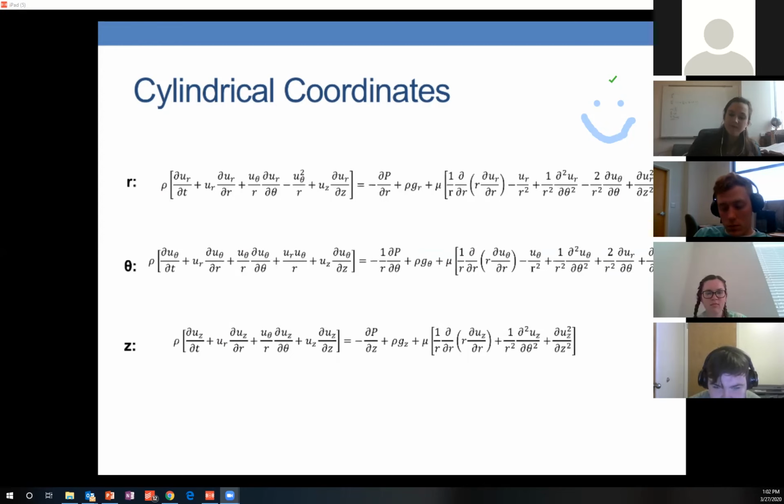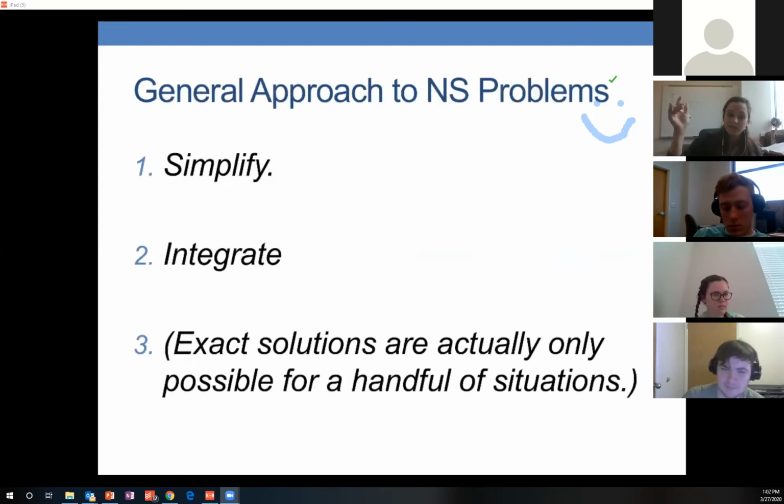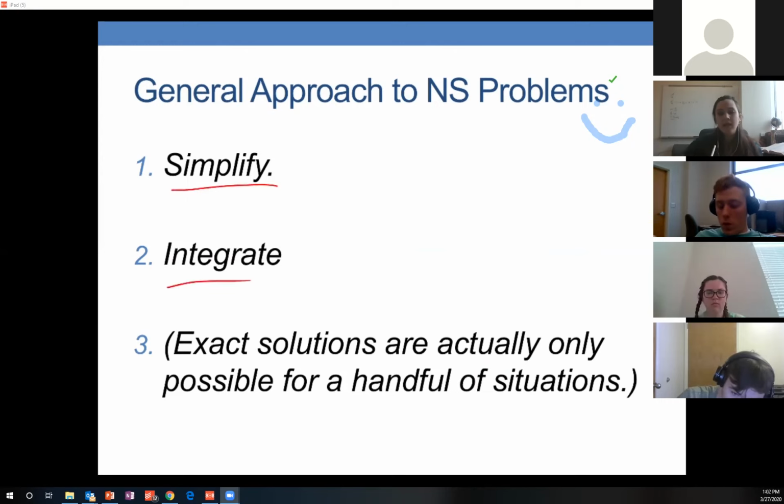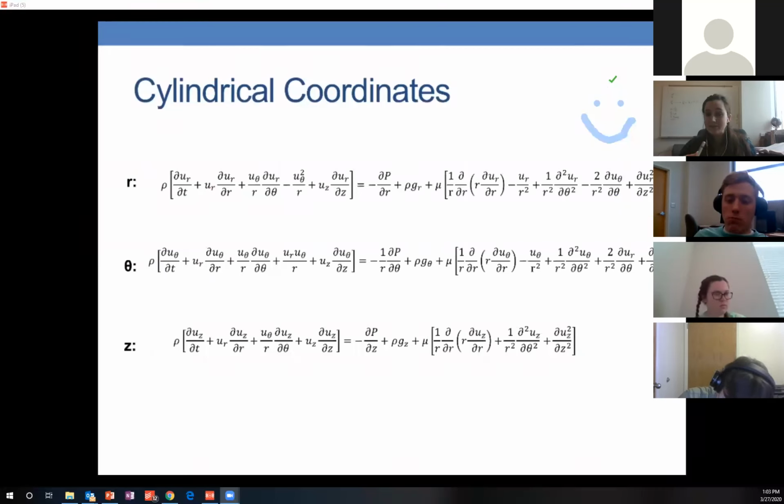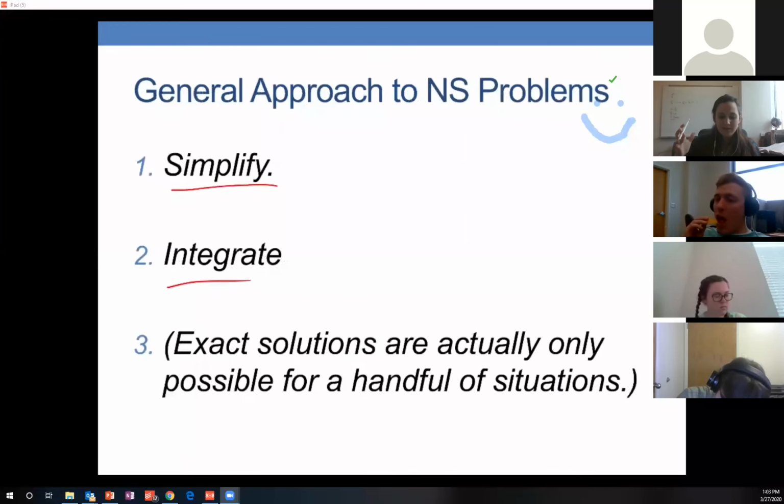And in both cases, the basic general approach is you write out your Navier-Stokes, you simplify it, and then you integrate. As it turns out, since this is a pretty complicated equation, exact solutions that we can figure out by integrating by hand are only possible in a handful of situations.